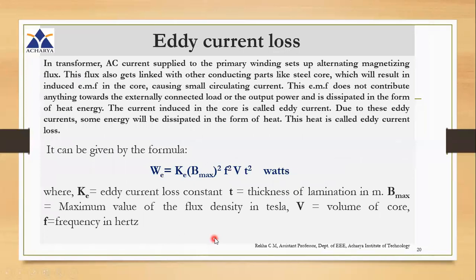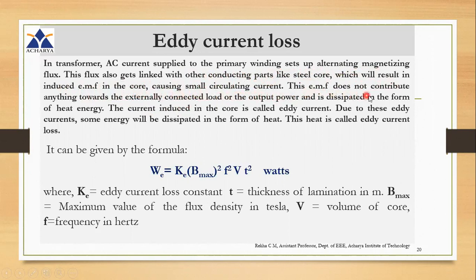Next, coming to the eddy current loss. In a transformer, AC current supplied to the primary winding sets up alternating magnetizing flux. This flux also gets linked with the other conducting parts like the steel core, which will result in induced EMF in the core, causing small circulating current.